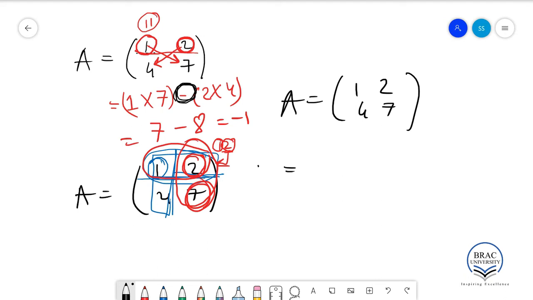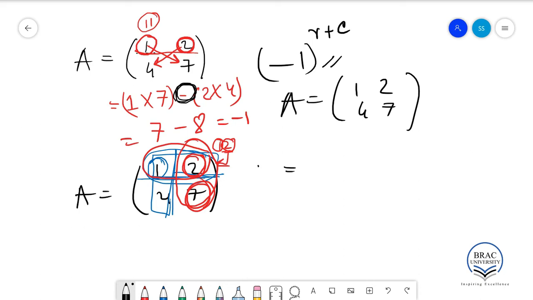There is a general rule, called the (-1) rule. The general rule is like this: you have (-1) to the power R plus C, where R is the row and C is the column you are working on. To make this more explicit, let's calculate the determinant of A again.